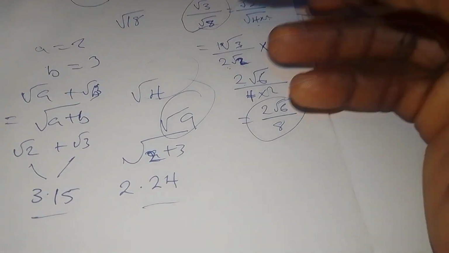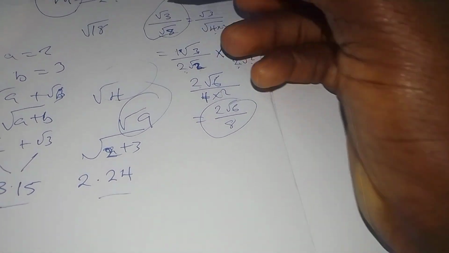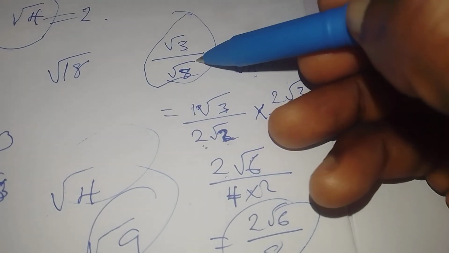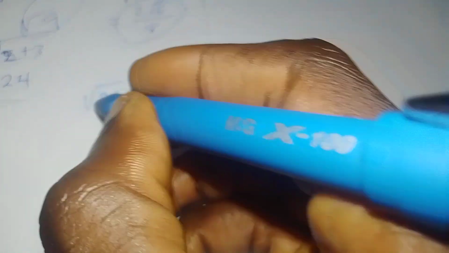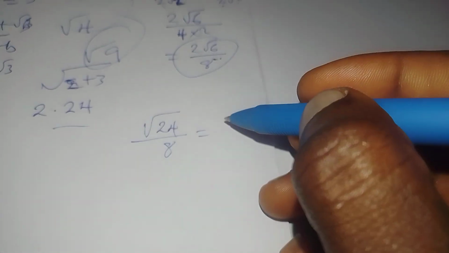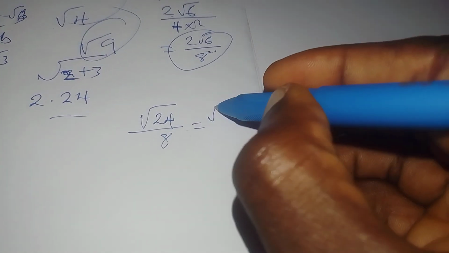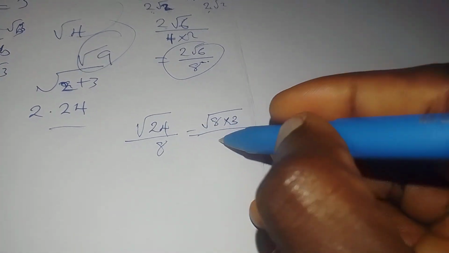Here a stands for 3 and b stands for 8, so the square root of ab will be the square root of 3 times 8, which is 24, divided by 8. The square root of 24 can be written as the square root of 4 times 6, which is 2 root 6, divided by 8.